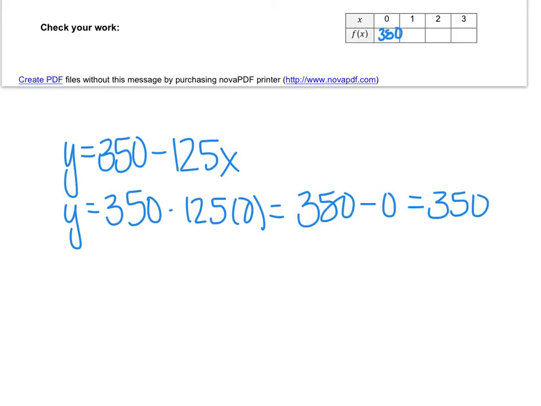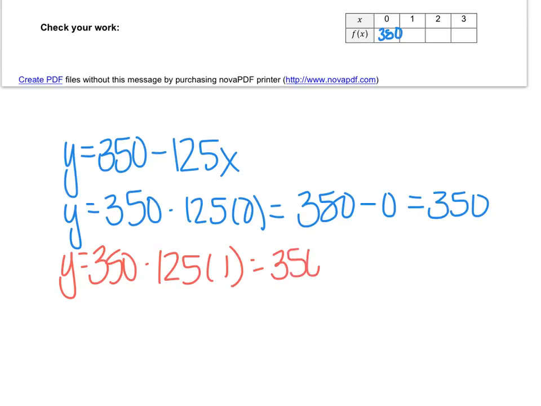We do the same thing with the next value, y equals 350 minus 125 times 1. Well, that's going to be 350 minus 125, which is going to give us 225. So after 1 hour, we're only 225 miles from home.